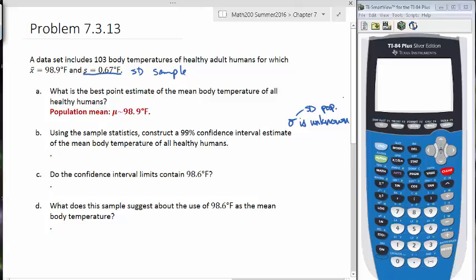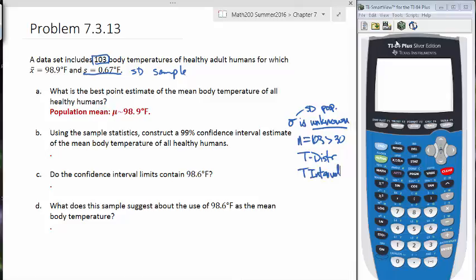There's a difference between the two, and in this case, this is not sigma. Sigma is unknown. The second part is we have an n that's 103, and clearly that's bigger than 30. So in this case, we will use a t-distribution. In our confidence interval, it's actually the t-interval that we're going to use.